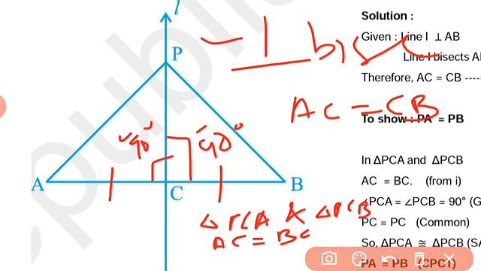So it divides AB into equal parts. That is, AC is equal to BC. So these two sides are equal. Also, angle PCA is equal to angle PCB, that is equal to 90 degrees. It is given. Why is it 90 degrees? Because L is perpendicular.